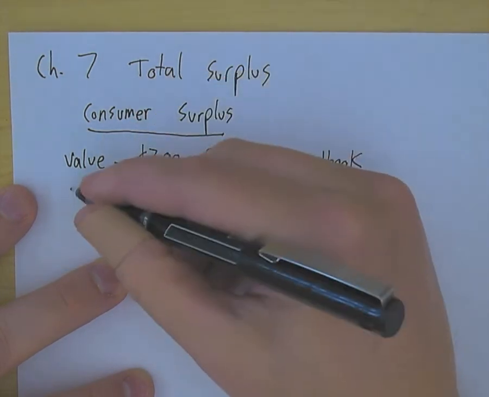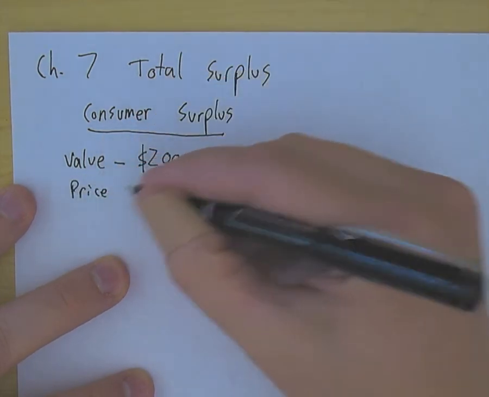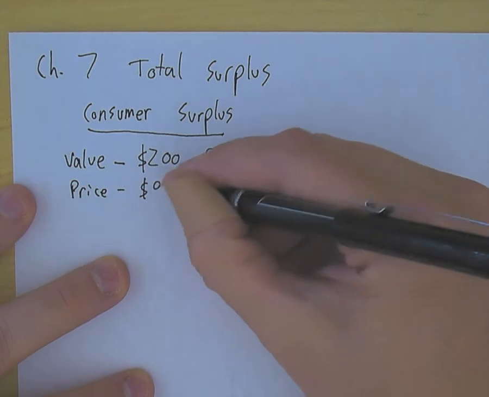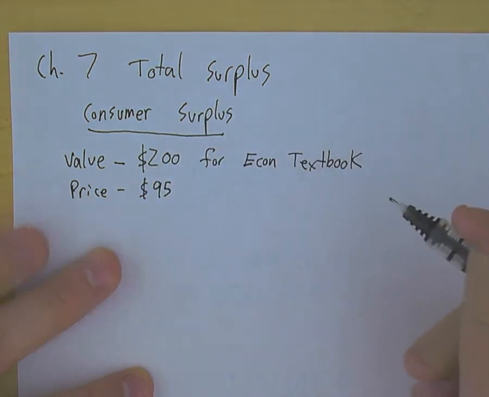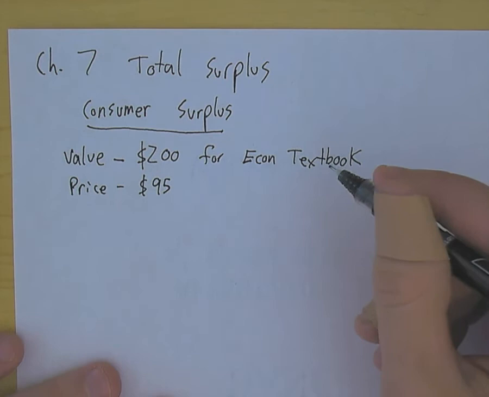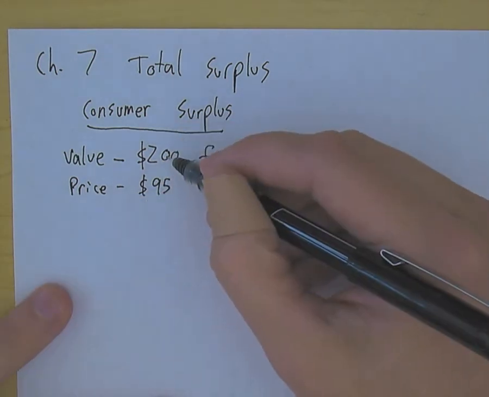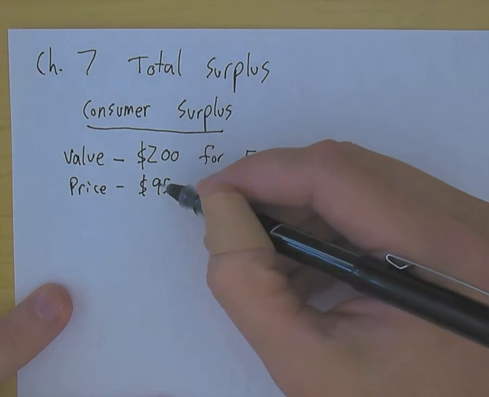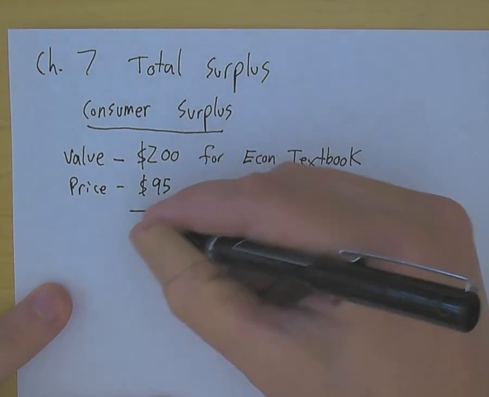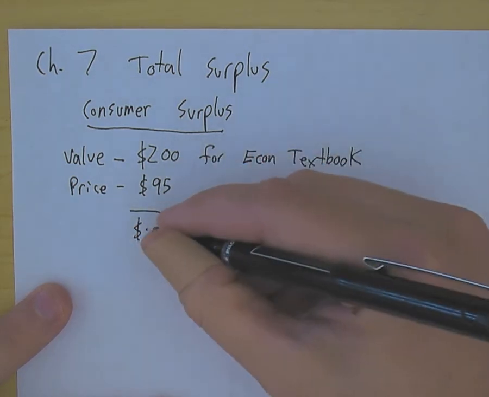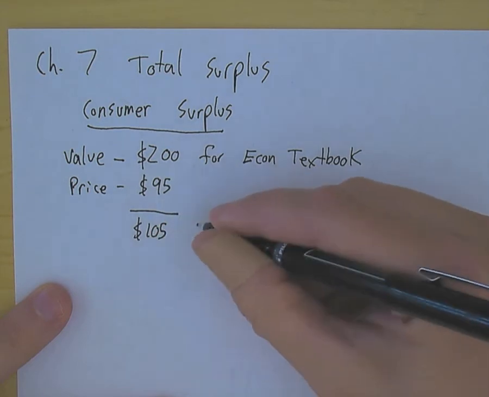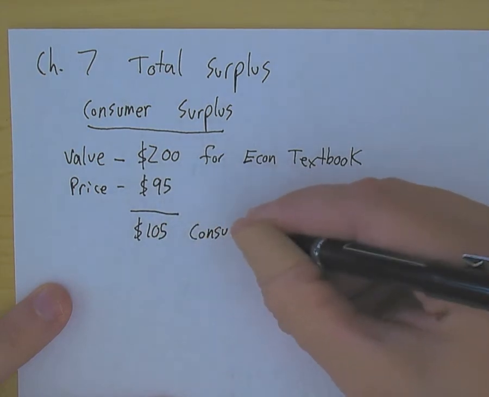Its price, though, is a steal at $95. So my consumer surplus is going to be the value I take away from the book minus the cost. My consumer surplus in this case is going to be $105.